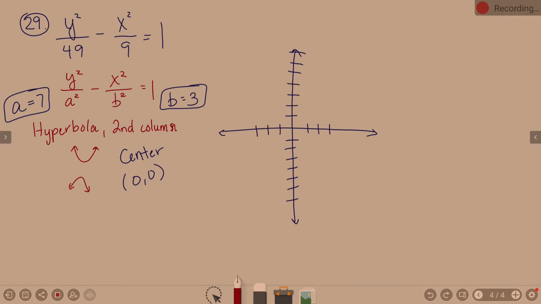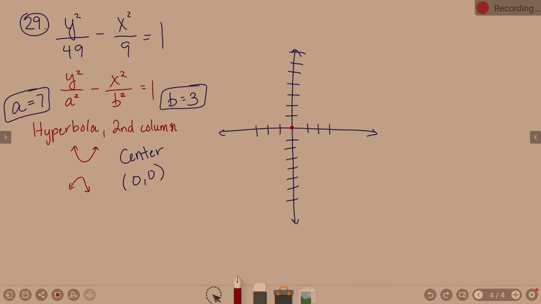Your graph goes out to 10. Because this is just x squared and y squared as my numerators, my center is at 0, 0. Okay, so I'm going to put a dot there. It's not necessarily that there has to be a dot there, but it's helpful to have something.